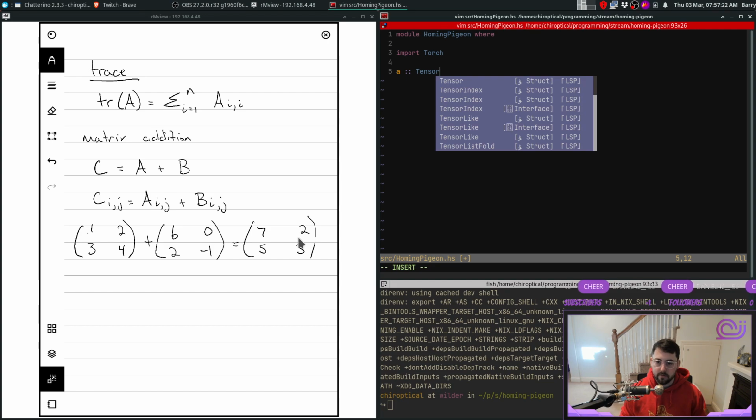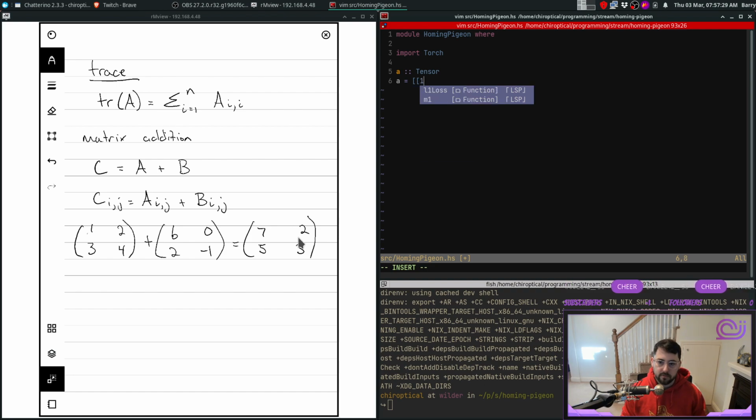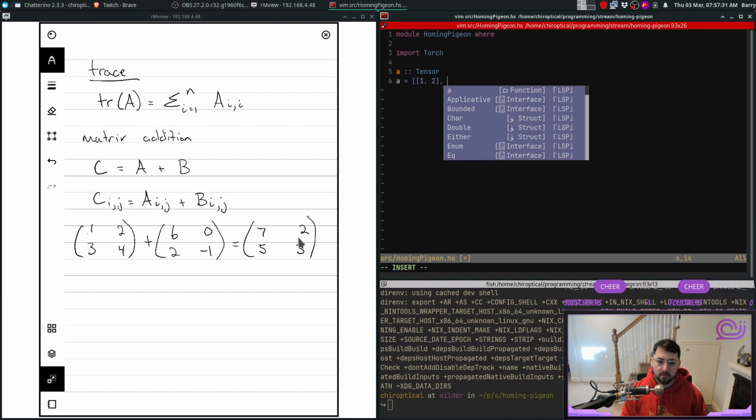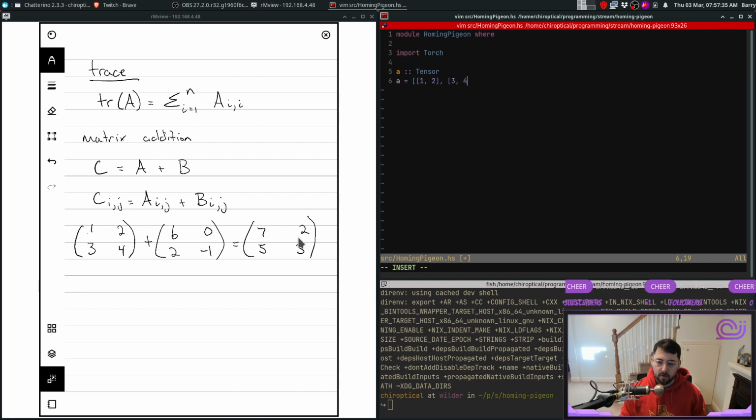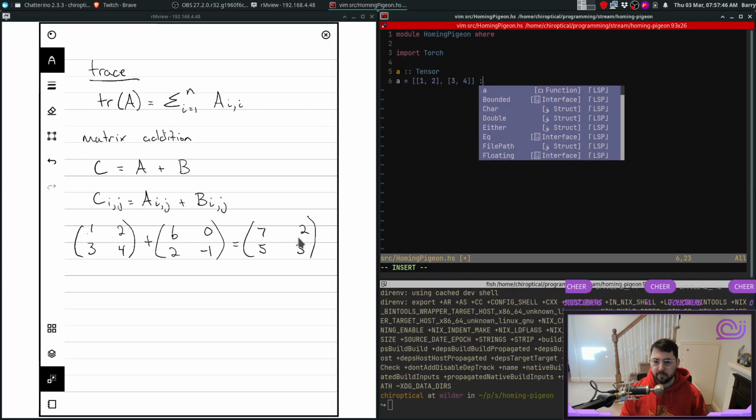So we're going to say that A is equal to, we need a list of lists, which I assume is going to be 1, 2, 3, 4. And then we're going to say that this is going to be a list of float.